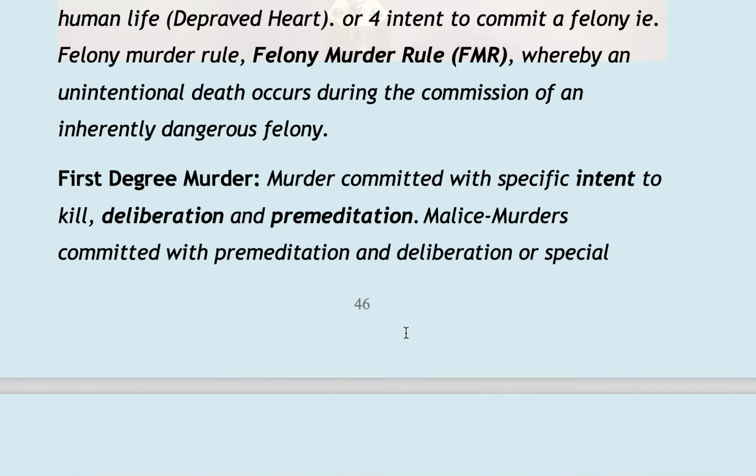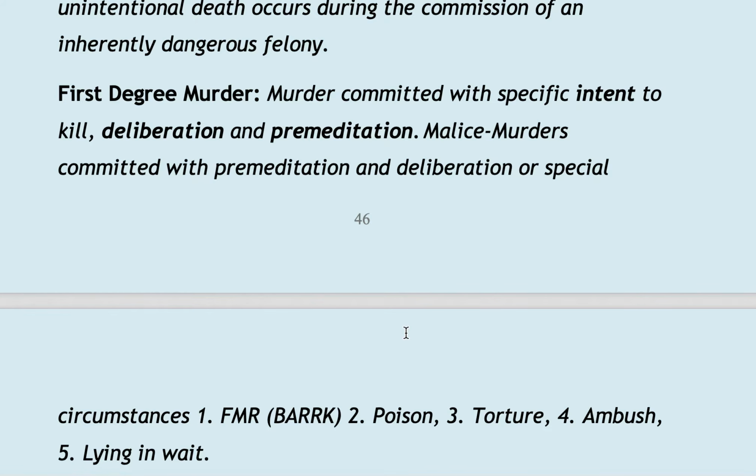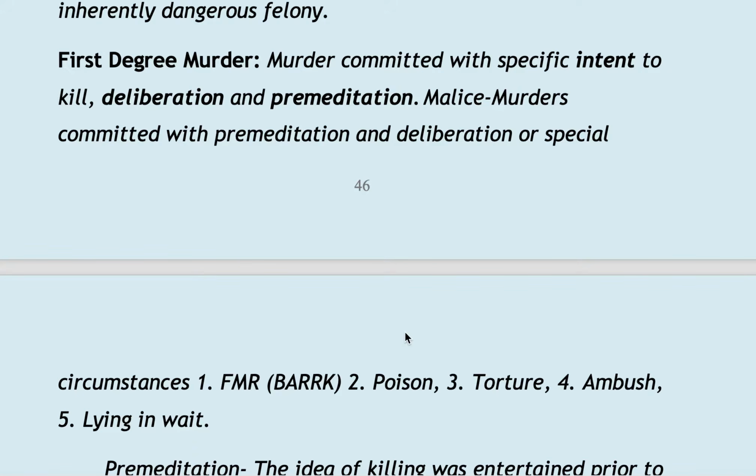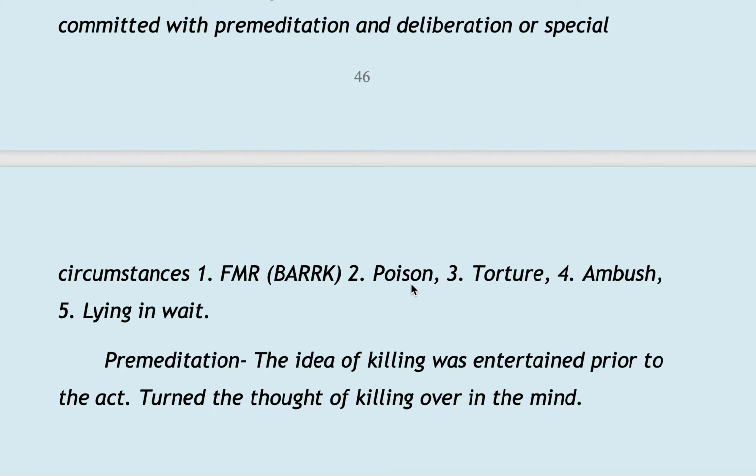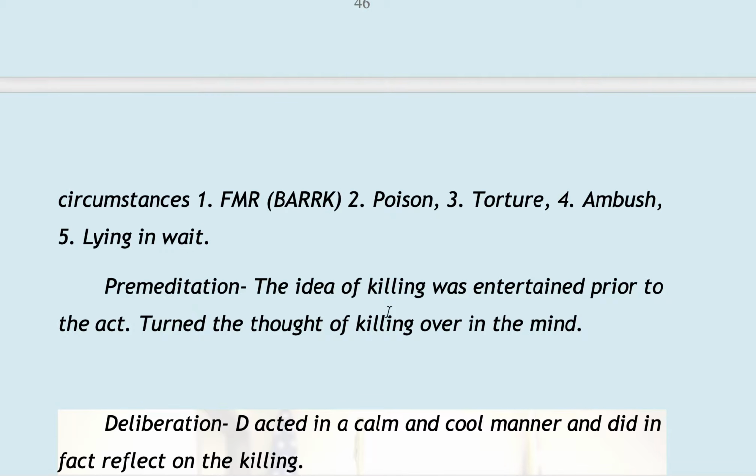And let's see, first degree murder is murder committed with specific intent to kill, deliberation, and premeditation. Malice murders are committed with premeditation and deliberation or special circumstances.